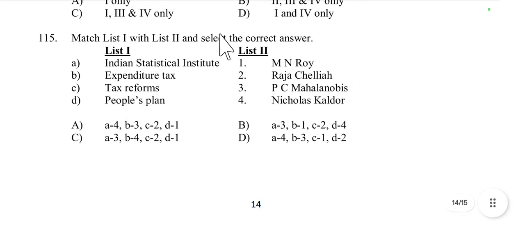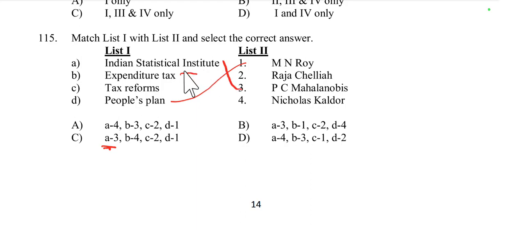Then question 115, list 1 and list 2: Indian Statistical Institute, expenditure tax, tax reform, people's plan. People's plan was given by M.N. Roy, so that is A3. Indian Statistical Institute was given by P.C. Mahalanobis.